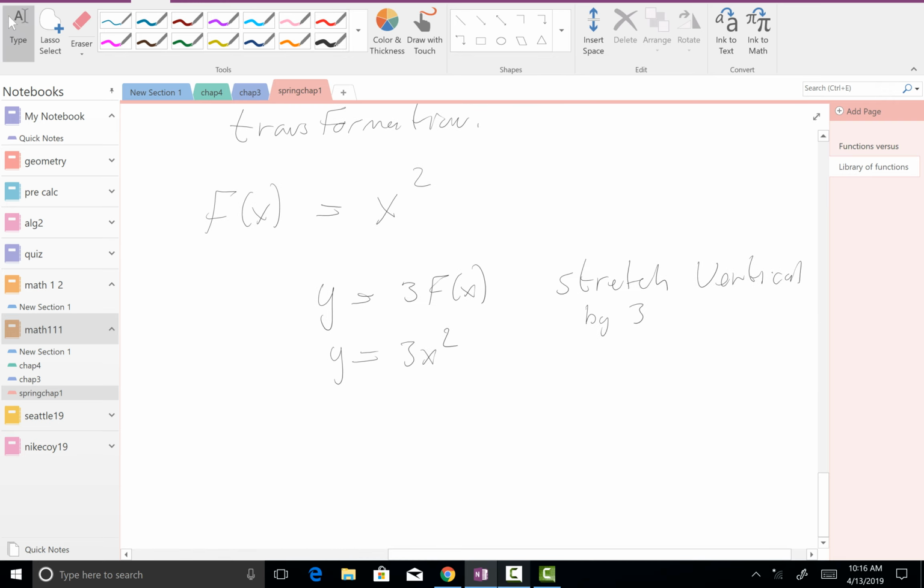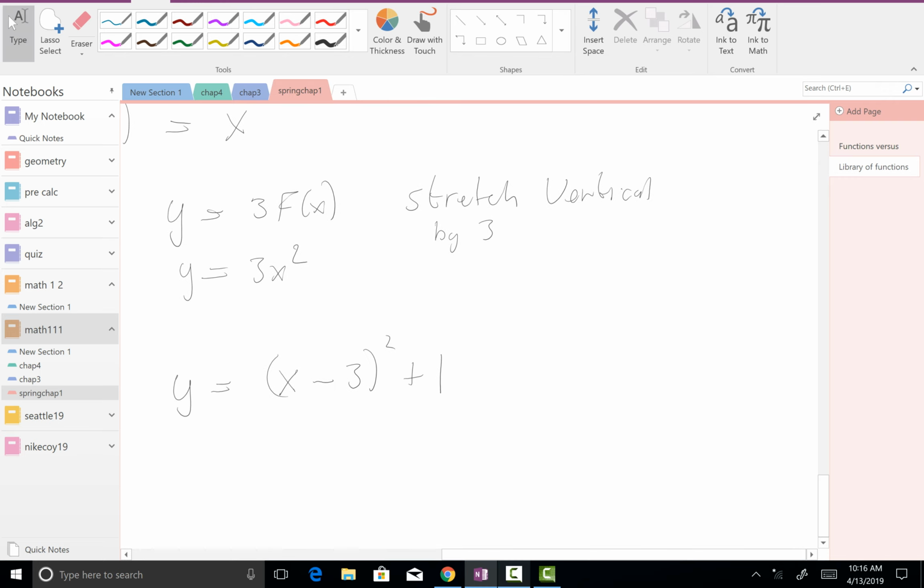That's it. That's all we got to do. Let's do this one. Y equals x minus 3 squared plus 1. Oh, sorry. This is going to be like this. That's what it's going to look like. There's no squared there.